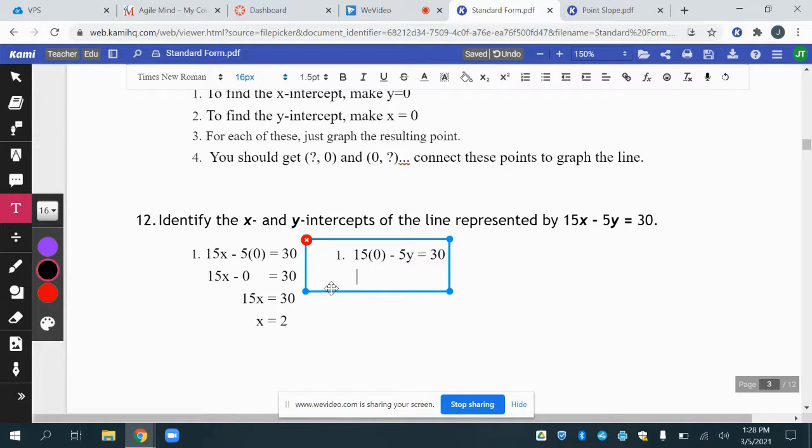All right, so now I know 15 times 0 is just 0, minus 5y equals 30. Really, negative 5 times y equals 30. Which negative 5 times what makes 30? Well, regular 5 times 6 makes 30. Negative 5 times negative 6, negatives will cancel. So y equals negative 6.